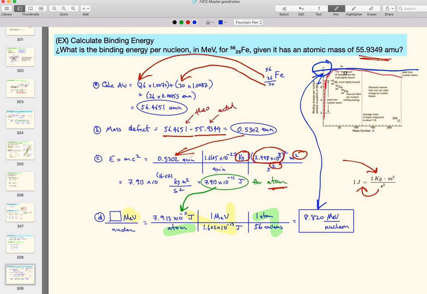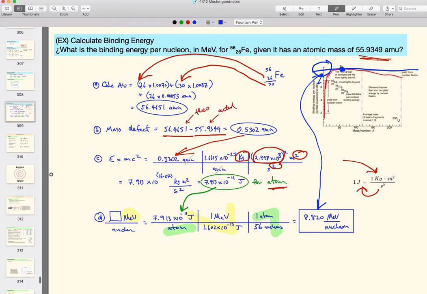So we have just proved that that is on that part of the graph. And you'll have to take our word for it, that if you did the same calculation for all of these others, it would be less than 8.82 mega electron volts per nucleon.